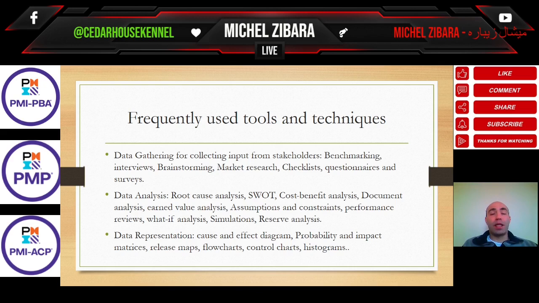If you go to needs assessment, I think it's chapter 1 of PMI PBA, and if you go to elicitation and analysis, you will find some of the tools and techniques which overlap with what I'm discussing here.